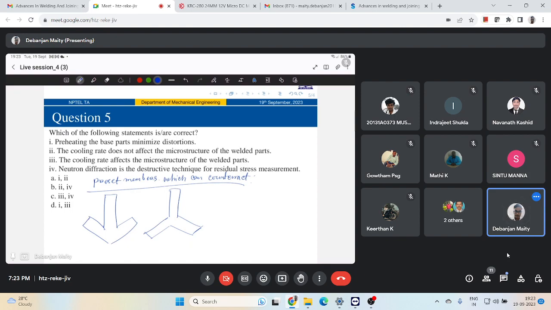Welding locally heats a component, and the adjacent cold metal restrains that heated material, as I was explaining earlier, which is why there will be buckling or bending due to the heating and cooling. It is all because of the tensile and compressive residual stress concept. So we have done this question 5 also.